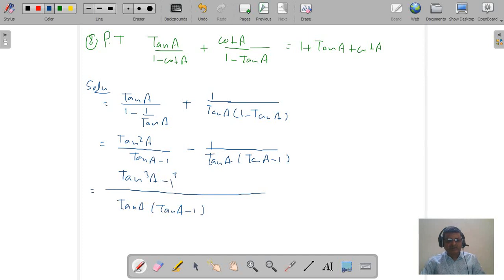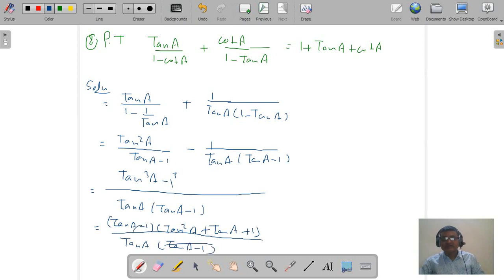1 means 1 power 3. So it is (tan A minus 1)(tan square A plus tan A plus 1) whole divided by tan A (tan A minus 1). This and this gets cancelled.